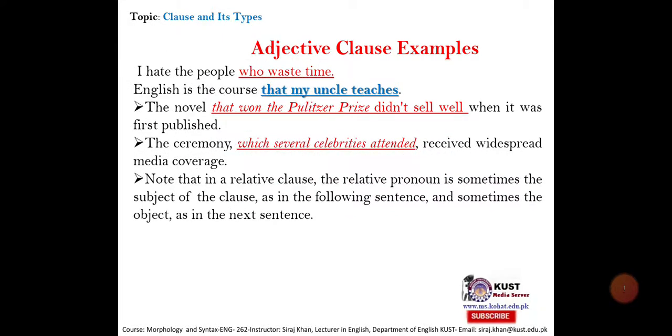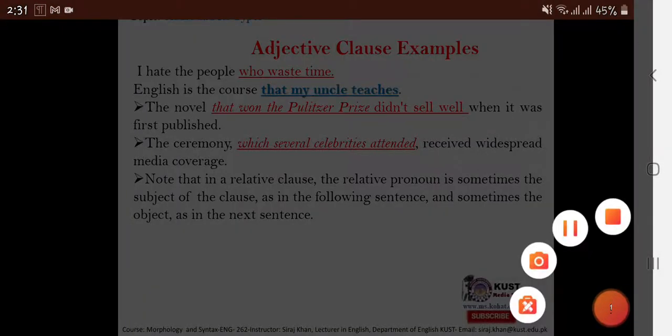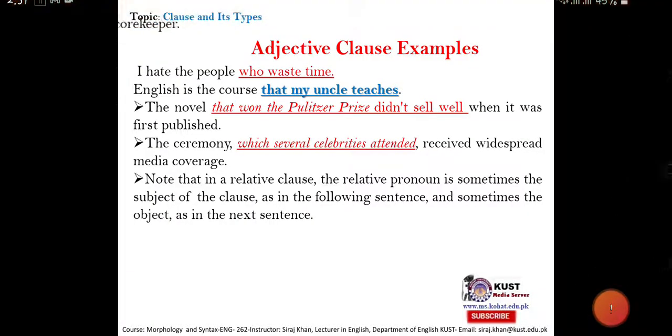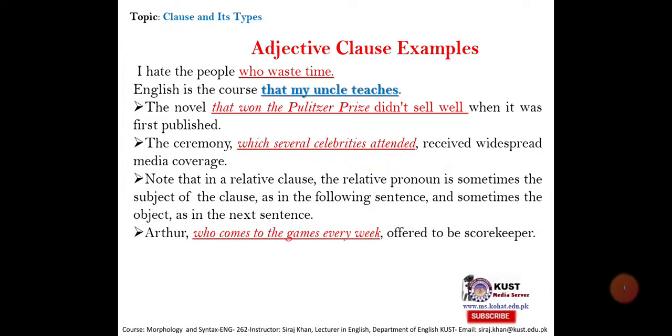Note that in a relative clause, the relative pronoun is sometimes the subject of the clause, as in the following sentence, and sometimes the object, as in the next sentence. Arthur, who comes to the games every week, offered to be scorekeeper.